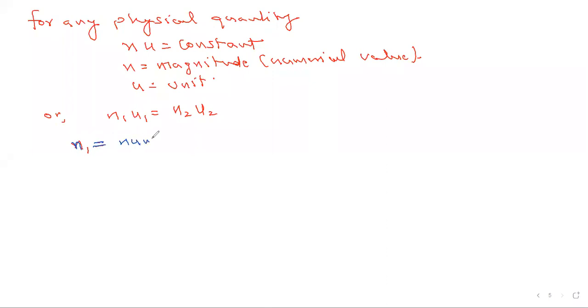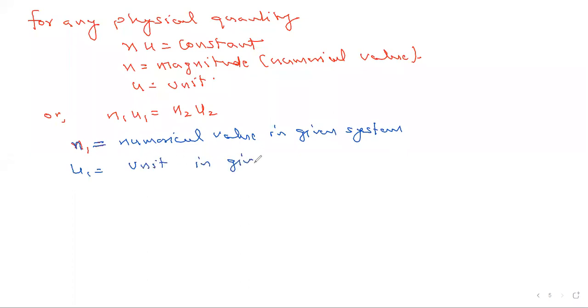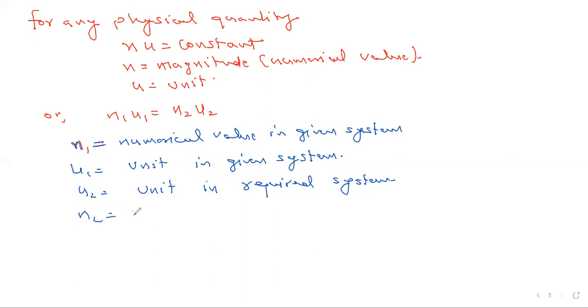So when you convert a system, N1 is the numerical value in the given system, U1 is the unit in the given system, U2 is the unit in the required system, and N2 is the numerical value in the required system, which is to be calculated.